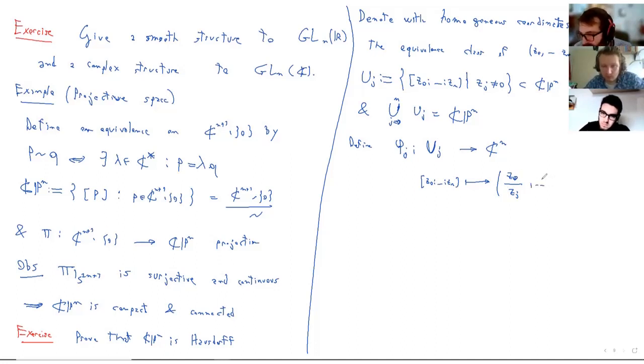Then you continue, so you have z1 over zj, but when you get to zj, you omit it, you skip it. This symbol here means skip it. Then you have zj plus 1 over zj, and you continue all the way to zn over zj. So these are only n of them, because you have n plus 1, but you skip this term here.